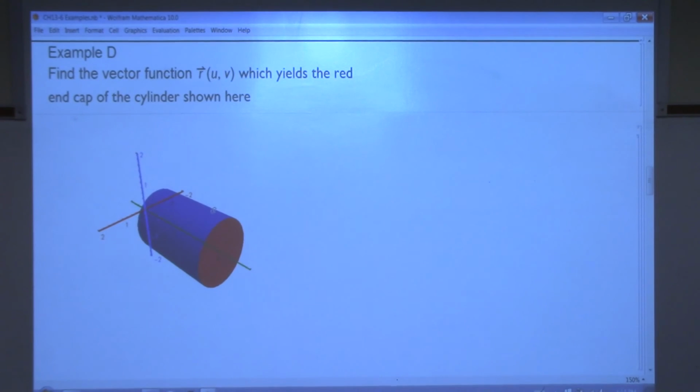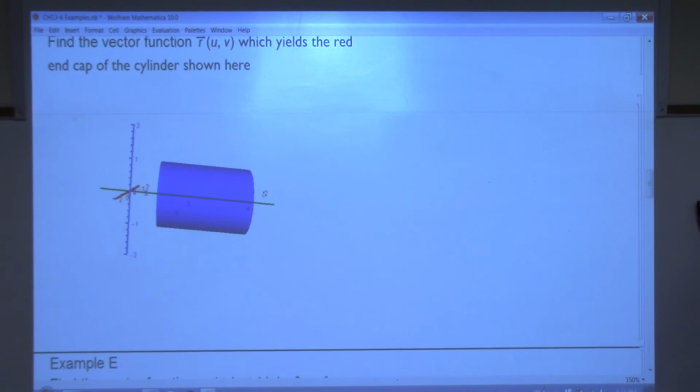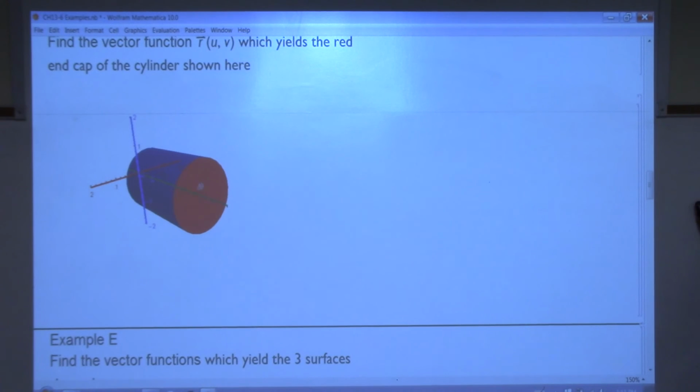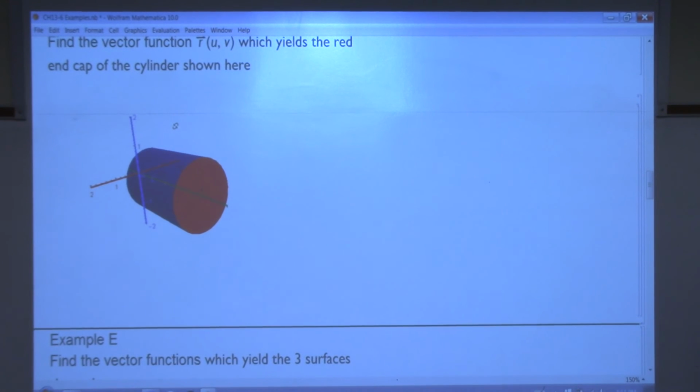Okay, now this one. Find the vector function r of u v which yields the red end cap of the cylinder shown here. So it's the same cylinder we just drew, okay? But I want this red end cap instead of the blue. So what's the difference here?